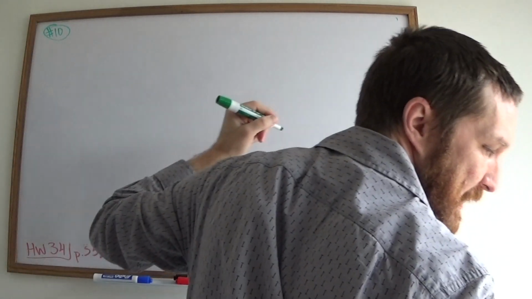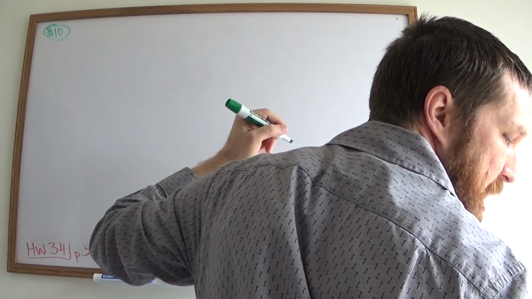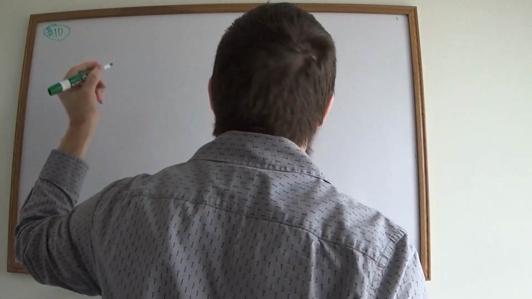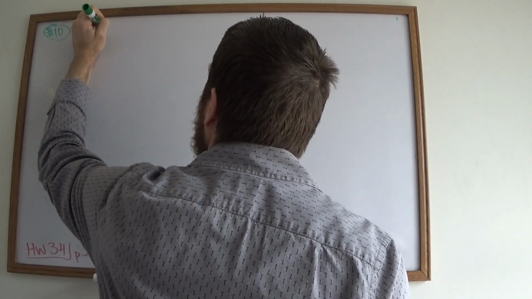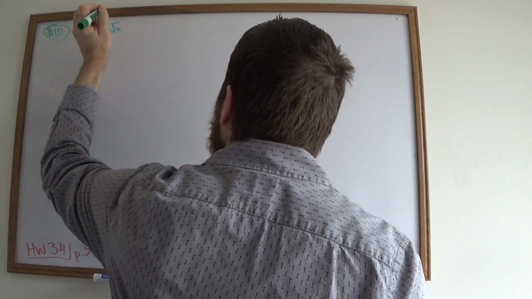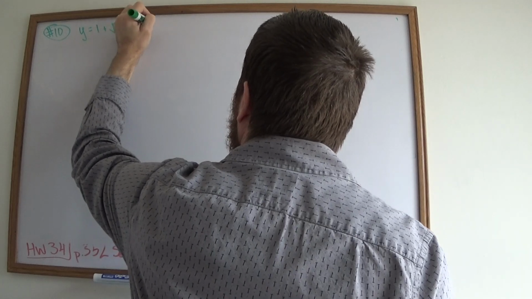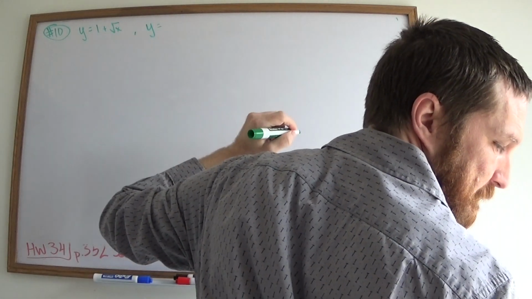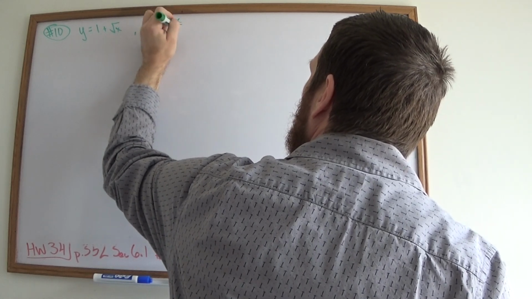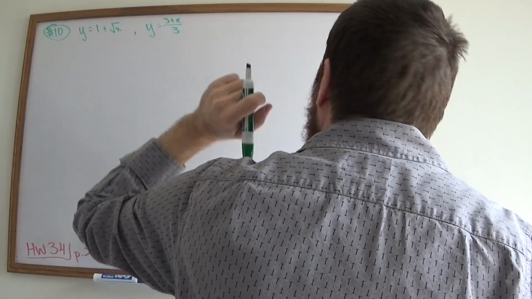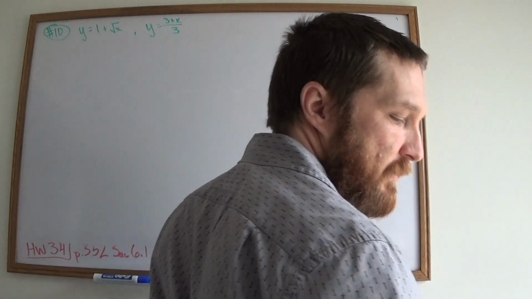Now, in this case, they don't give you a limit on x. Like before, they gave you two functions, sine and cosine, and it's 3 plus x over 3, I hate how they write this, and they said x goes from 0 to 1.